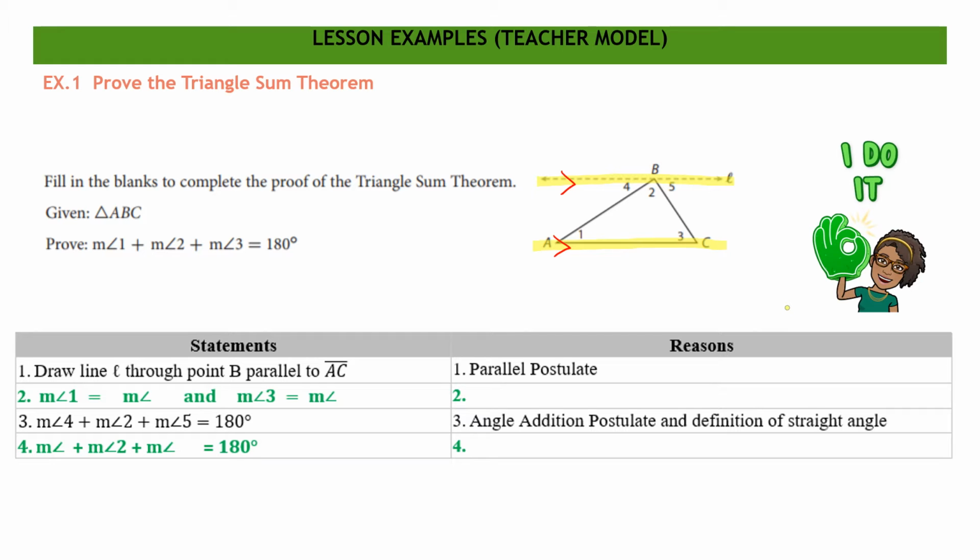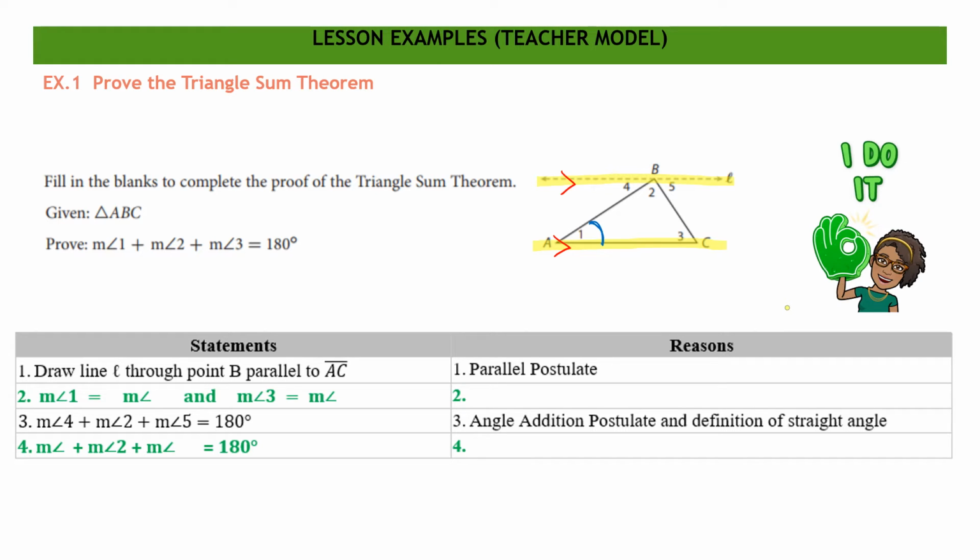All right, statement number 2 says we have the measure of angle 1 is equal to some measure of an angle, and the measure of angle 3 is equal to another measure of some angle, and we need to determine the reason why. So if I look at angle 1, I see angle 1 is located here alongside AC. And remember, line L and AC are parallel to each other.